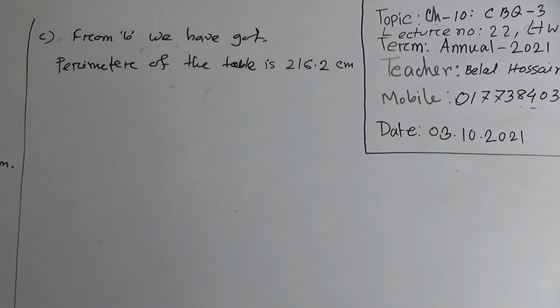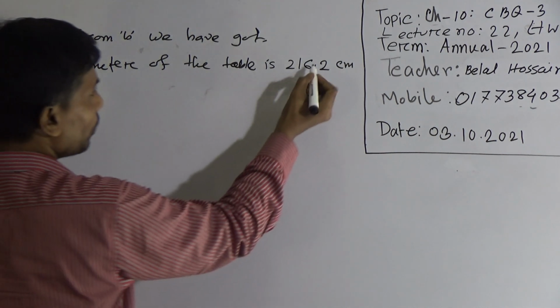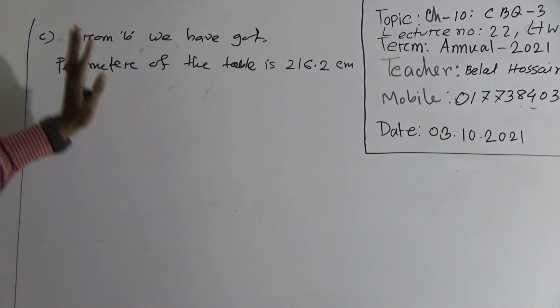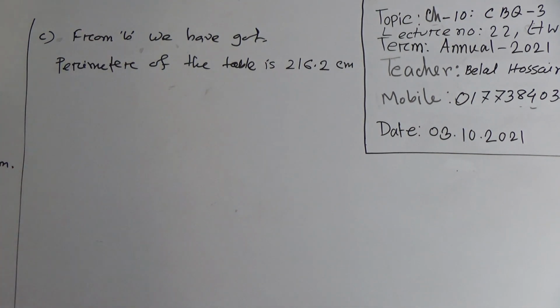Okay, student, perimeter of the table is 216.2 centimeter. Now we have to convert this perimeter into millimeter and meter.